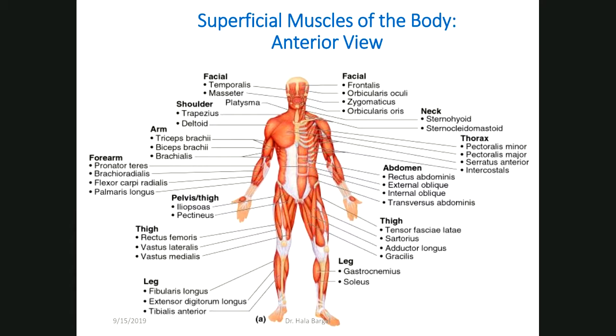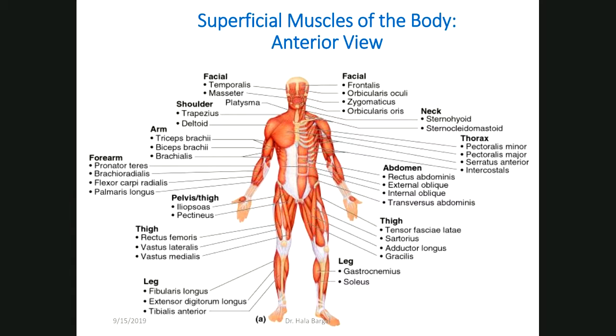Pectoralis major and pectoralis minor are named after their location and their size. Serratus anterior is named after its shape. Intercostal muscle is the respiratory muscle which is located between the ribs.